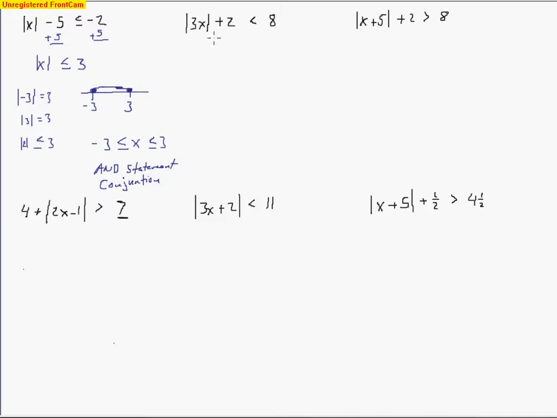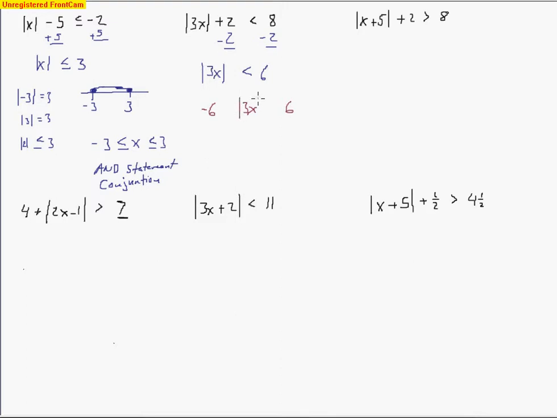Let's take a look at another one here. So if I subtract 2 from all sides, I end up with this absolute value of 3x is less than 6. So when I go ahead and solve it, since I have extra work here, I'm going to set negative 6 on one side, positive 6 on the other, because those are the values that we want x to either be once we divide by that 3.